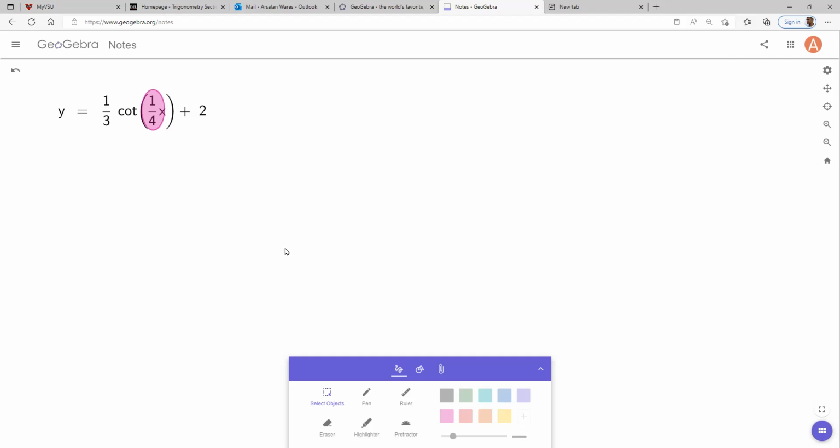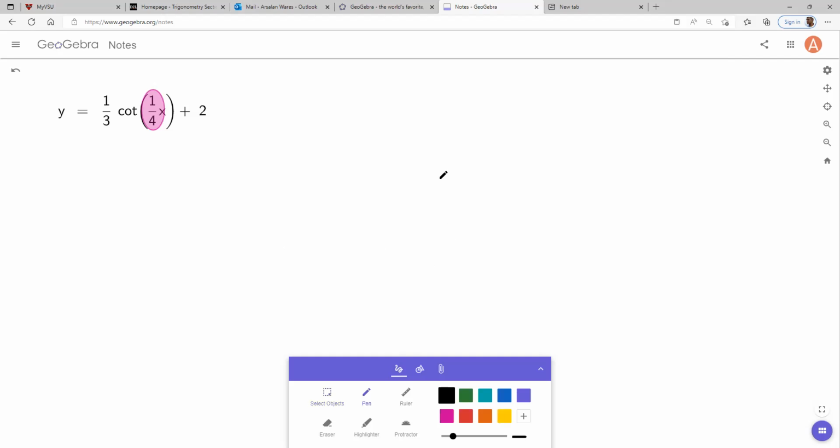I'm saying it very carefully, trying not to make a mistake. 1/4, you have to look at this and play with it and have a good understanding of it. Again, multiplying x by 1/4 or dividing x inside the function by 4 will have a horizontal stretch in opposite directions away from the y-axis, like so.